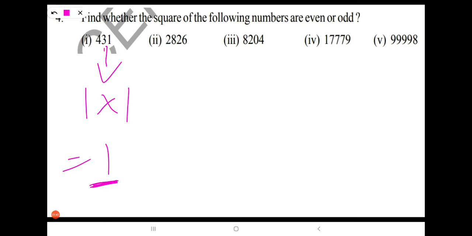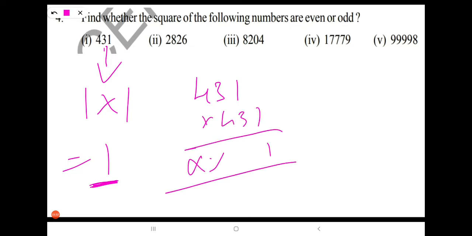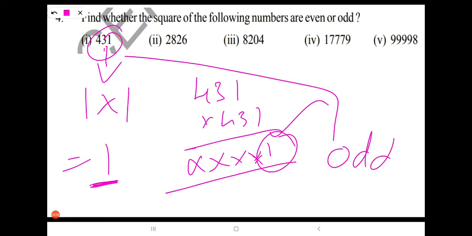It means the square of 431 contains 1 in its units place, so the square of 431 is an odd number. Is it clear? I hope you understand this.